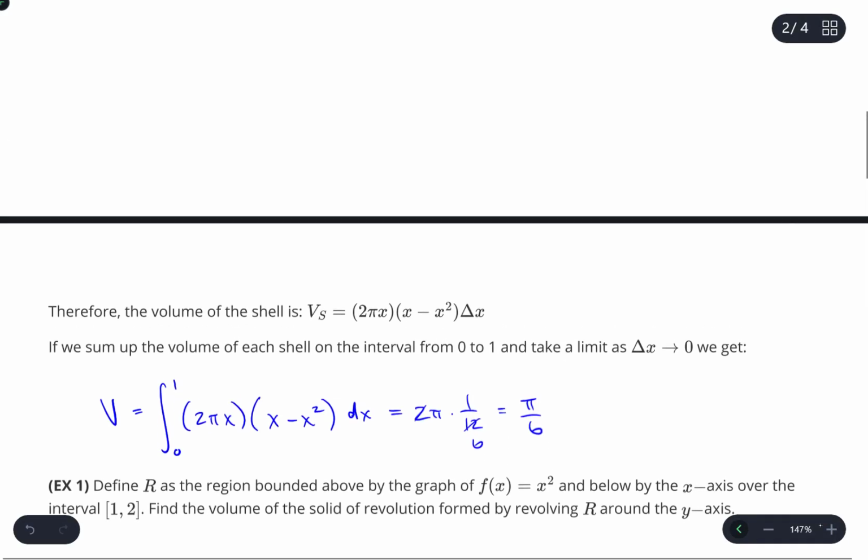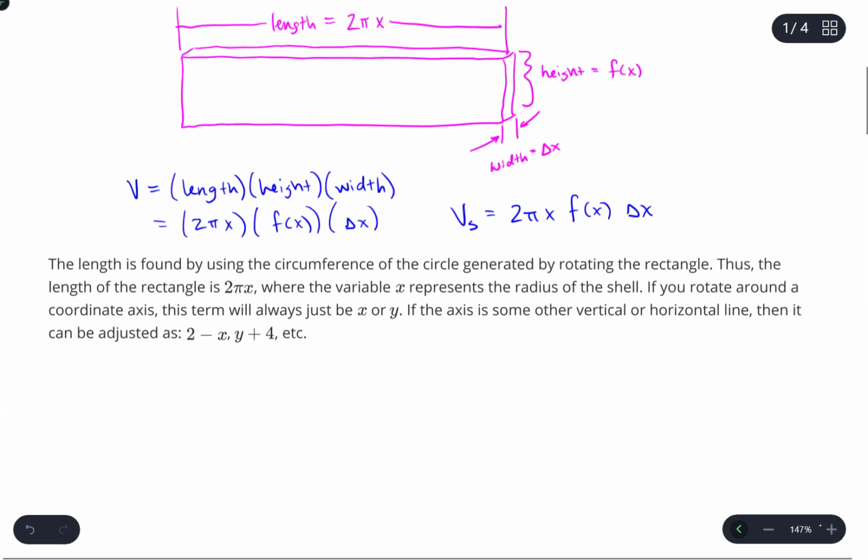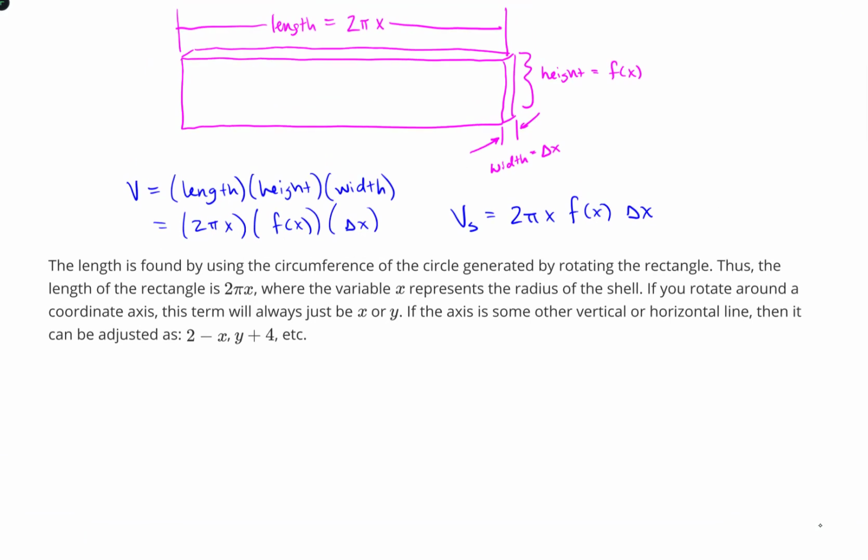Now, there are a couple of things I want to wrap up here before I go on to another example. Sometimes if you have an axis that you're rotating around that's something other than the x-axis or the y-axis, this factor that makes up the circumference is going to have to be adjusted. So if the axis is some other vertical or horizontal line, it can easily be adjusted as effectively 2 pi times 2 minus x or y plus 4 or whatever.